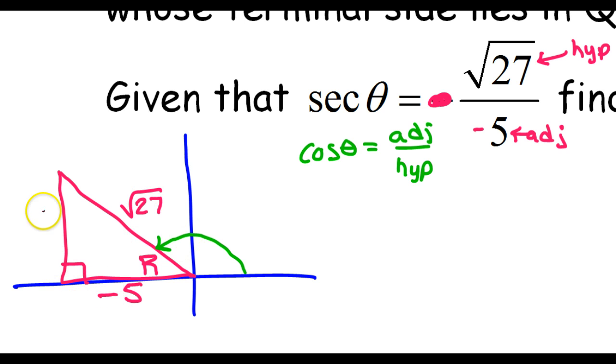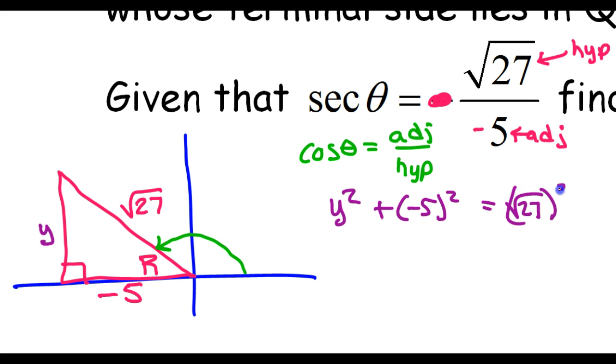Now, we'll do the Pythagorean theorem to find this vertical piece over here. I'm going to call this y. So y squared plus negative 5 squared should equal radical 27 squared. So that's y squared plus 25 is equal to 27. The radical goes away.